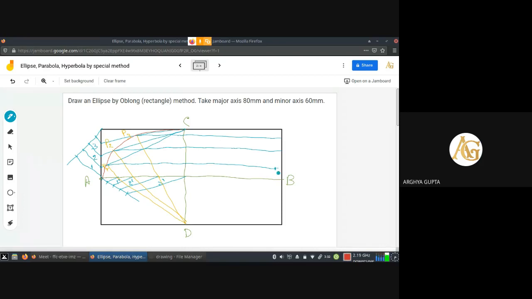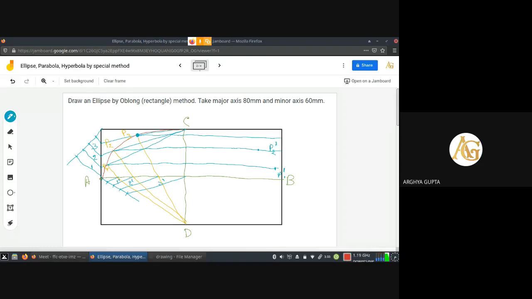Let us say that point will be named P1 dash. You can give any name, that does not matter. Now for P2, again we have to take the measurement of P2 from the vertical line CD. That distance has been taken and a point has been marked here. So P2 dash.